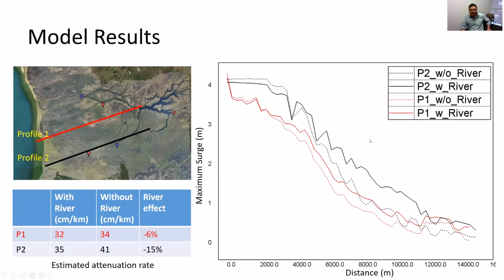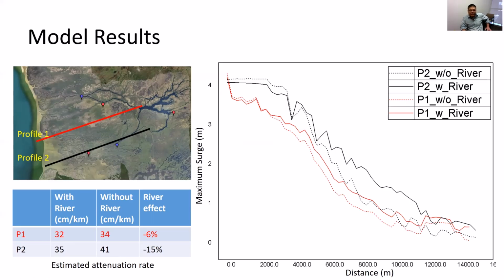The solid line represents the normal case with rivers, while the dashed lines represent the case with the rivers being manually removed. As you can see, when the rivers are artificially removed, the maximum storm surge profile at both locations tends to decay faster than those with the rivers, which indicates a negative effect of the rivers on the mangrove attenuation rate.